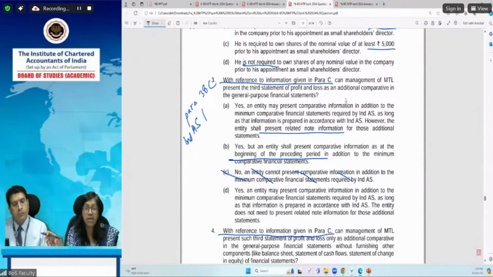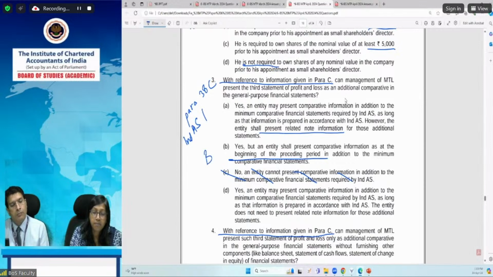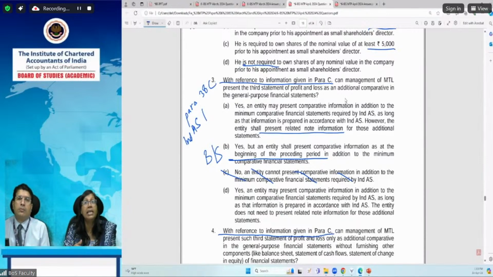When a statement at the beginning of the preceding period is required, it is only your balance sheet, because balance sheet is for a particular date. However, here you are asked to prepare an additional profit and loss statement, which is not for a particular date, it is for a whole year. So this statement goes wrong here, because they are talking about a particular date, the beginning of the preceding period.